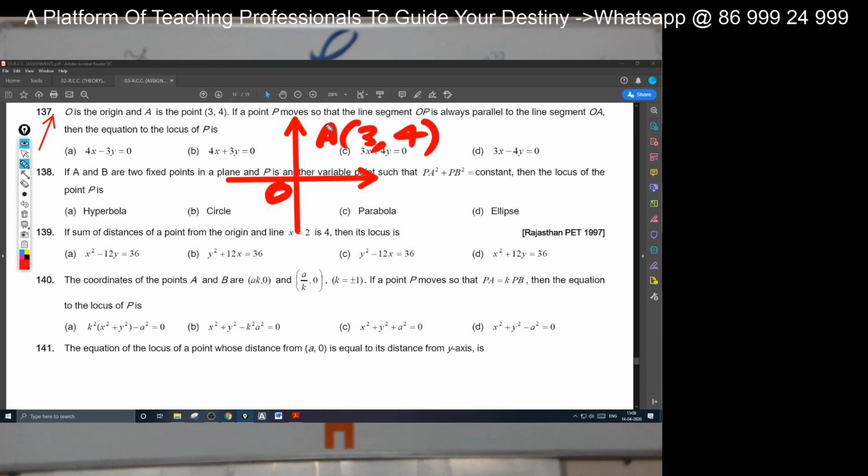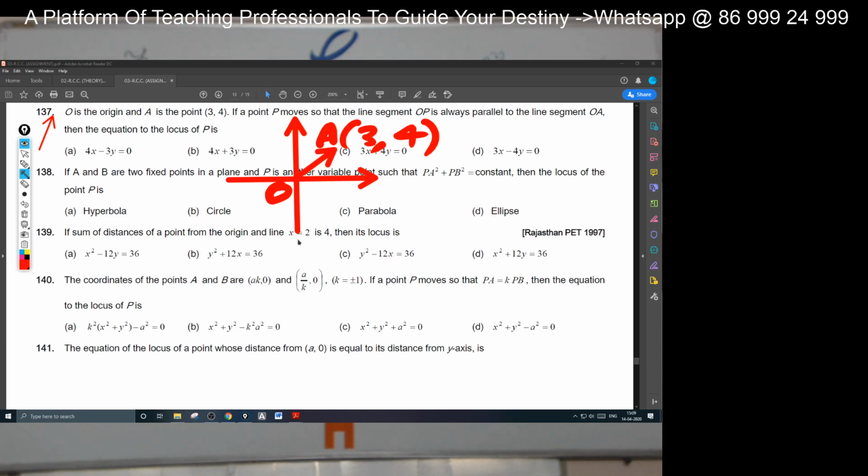If a point P moves so that the line segment OP is always parallel to the line segment OA, which is a line segment here, OA is one line segment.